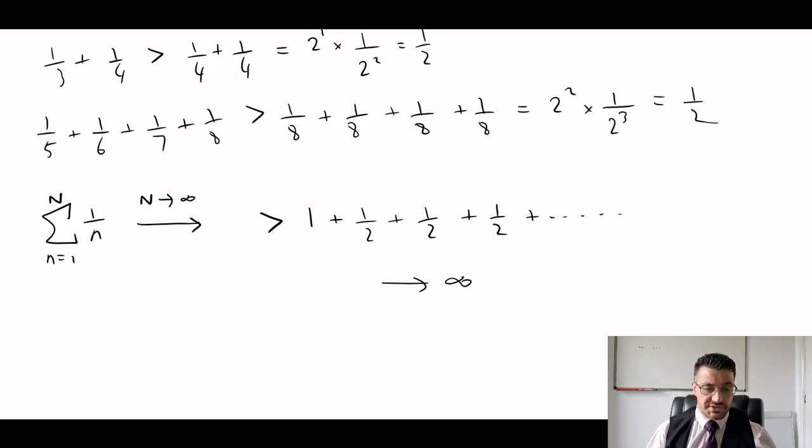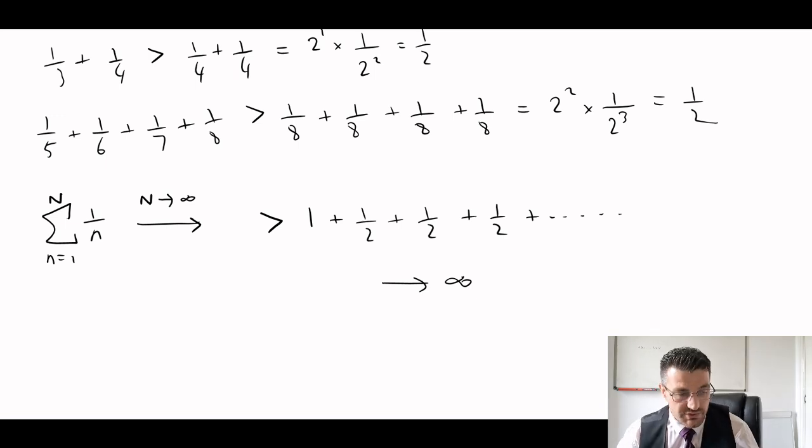So in other words, we can prove that this sum will diverge. It will diverge to infinity. And by the way, if you try to use a computer to show this, you'd have no chance. You need to use logic.